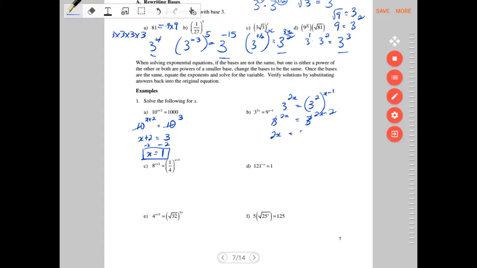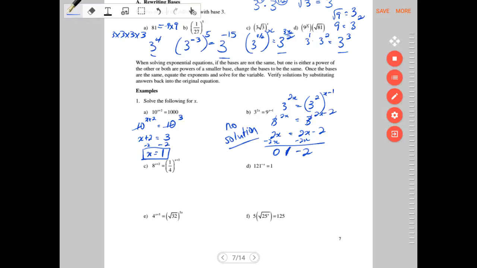So 2x equals 2x minus 2. I'm going to get the x's on the same side by subtracting 2x from both sides. 2x take away itself is 0, equals negative 2. That's not possible. So therefore, this question has no solution.